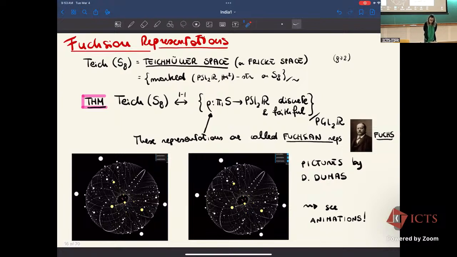And these are just two pictures that we have today from Émilie Dumas of this discreteness. I think this picture really gives an idea of this sense of discreteness.